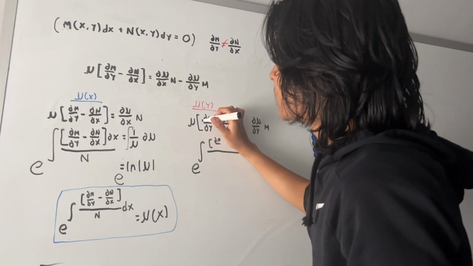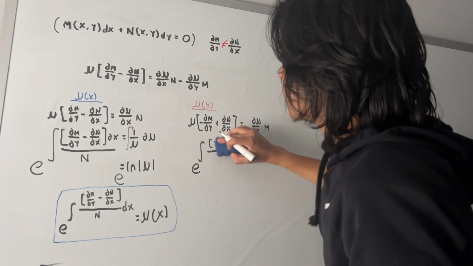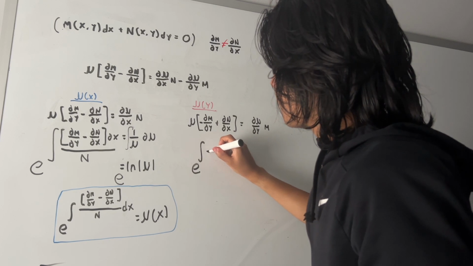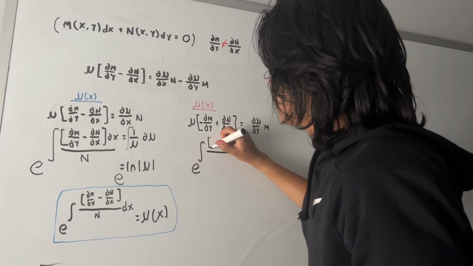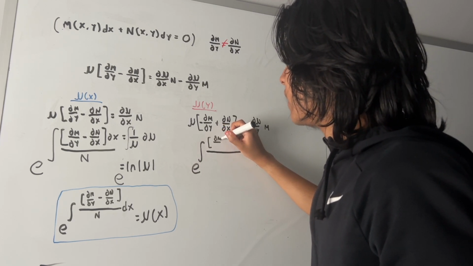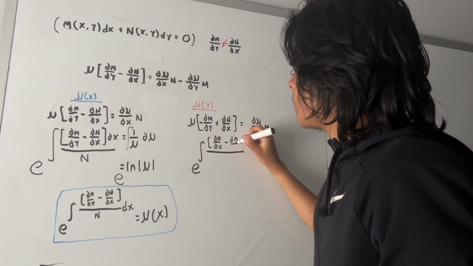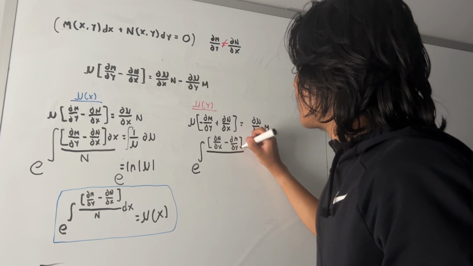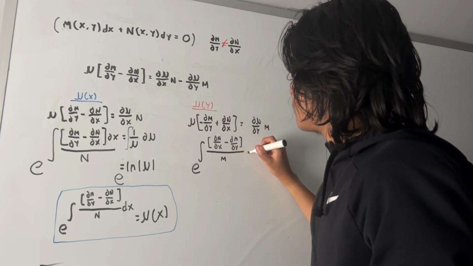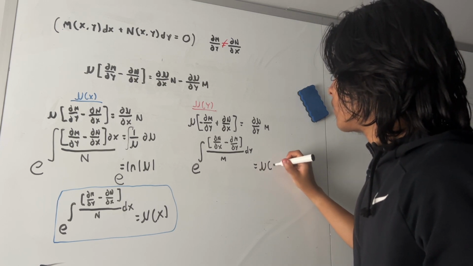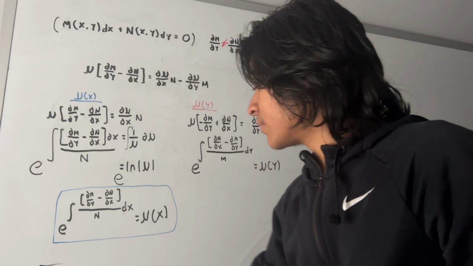So now we get plus and minus. So really, this part right here would be partial of N partial x minus partial M partial y over M dy. And this would be our integrating factor that's only a function of y.